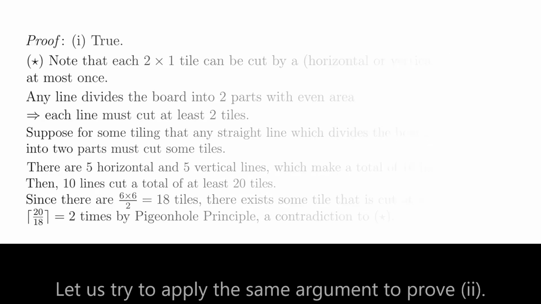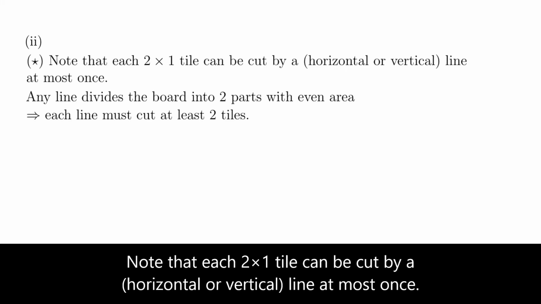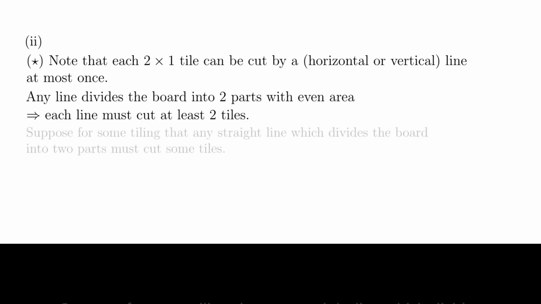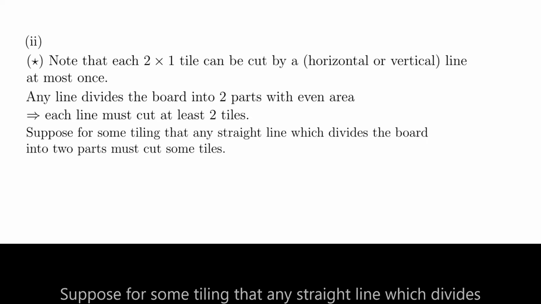Let us try to apply the same argument to prove part 2. Note that each 2 by 1 tile can be cut by a horizontal or vertical line at most once. Any line divides the board into two parts with even area, which implies each line must cut at least 2 tiles. Suppose for some tiling that any straight line which divides the board into two parts must cut some tiles.